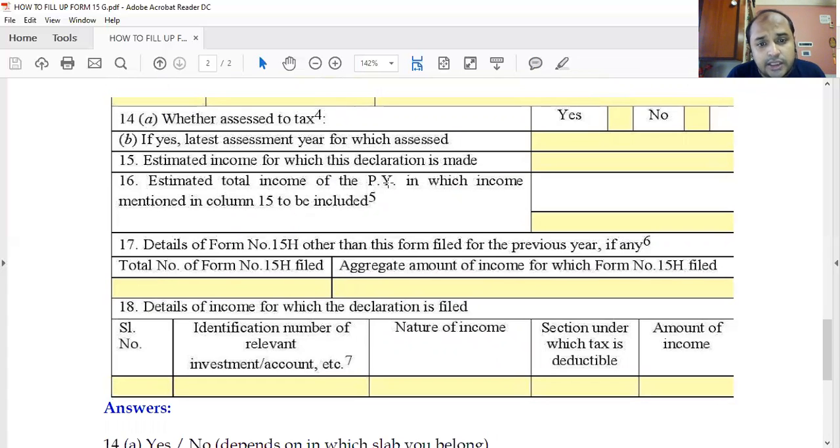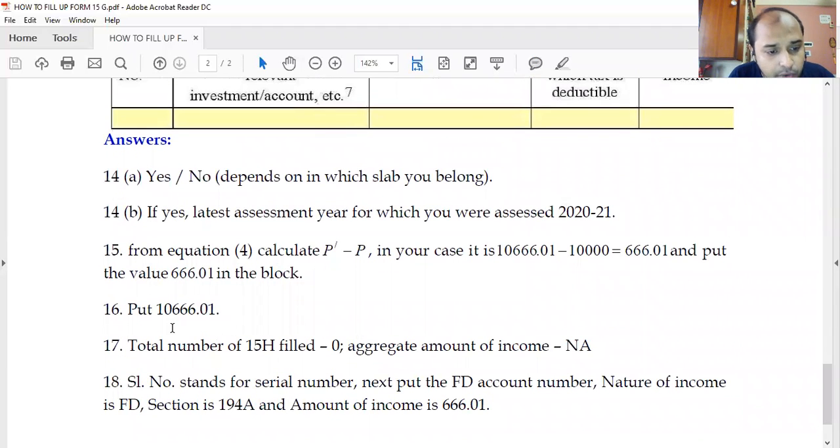And estimated total income of the previous year means this year, 2020 and 2021. This is your previous year, because the income will be assessed in 2021 and 2022. So that will be this income added with your principal amount, that is 10,000, and you are going to put this particular amount in block number 16.